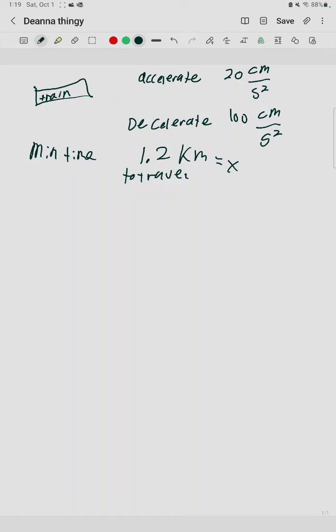What I think we ended up doing was we used the graphs. If you remember, if you have a velocity versus time graph and you do a straight line there, if it's slanted, then the slope is velocity over time, right?